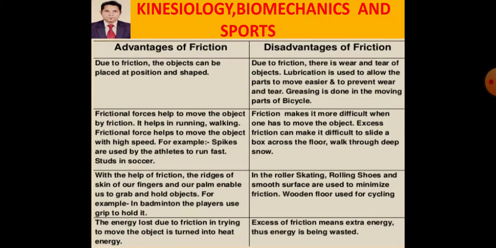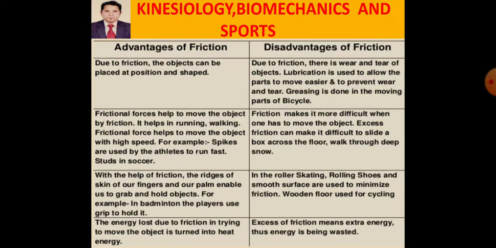Friction makes it more difficult when one has to move an object. Excess friction can make it difficult to slide a box across the floor or to move through deep snow. In roller skating, rolling shoes and smooth surfaces are used to minimize the friction.